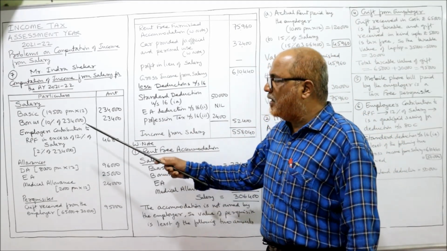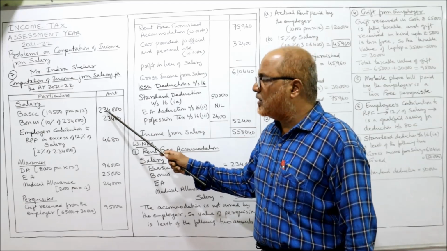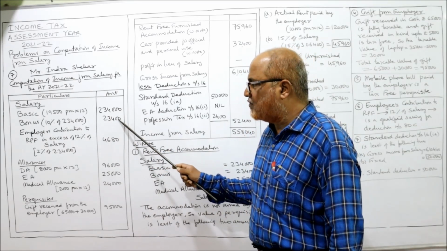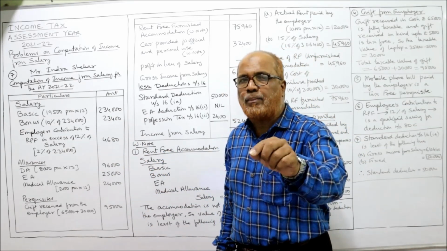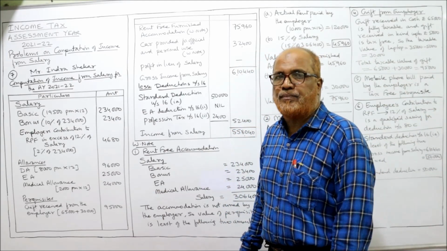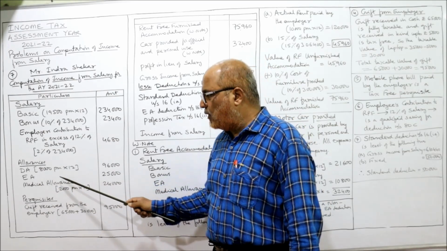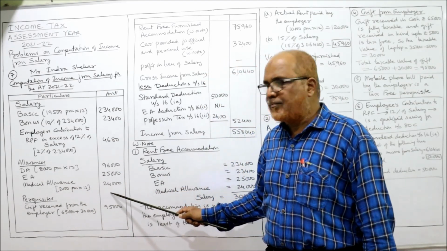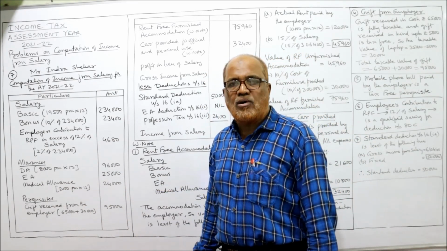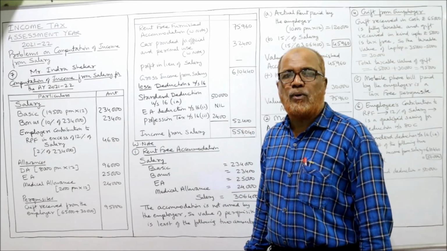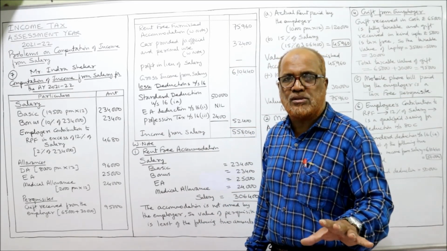Now finally from the beginning: basic salary 2,34,000, bonus 23,400, employer's contribution to RPF in excess of 12%, 4,680. Dearness allowance fully taxable, EA fully taxable, medical allowance fully taxable. Perquisites. I told you, gifts given by the employer to the employee is a taxable perquisite.